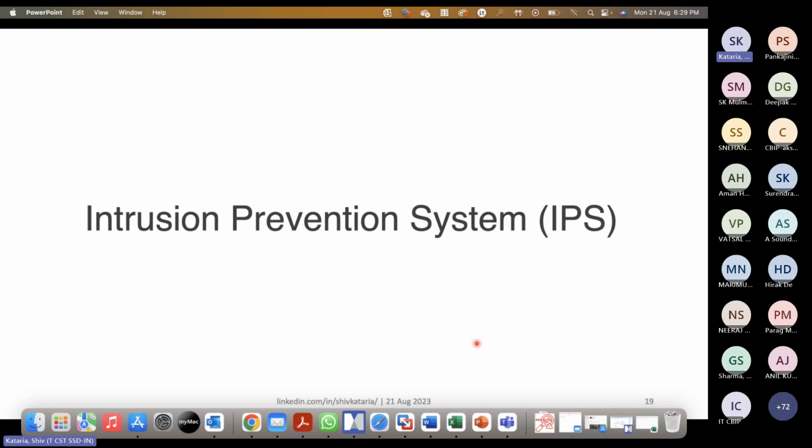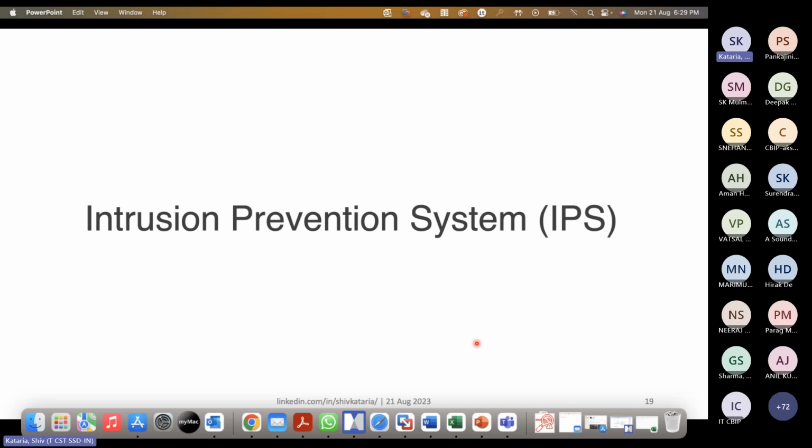Now we'll move to the intrusion prevention system, but before that, be very cautious about using an intrusion prevention system. They actually work in a very intrusive manner. They work in line with the network and they take action on the traffic. Unlike the IDS, which just detects it, an IPS actually prevents the network traffic coming in.